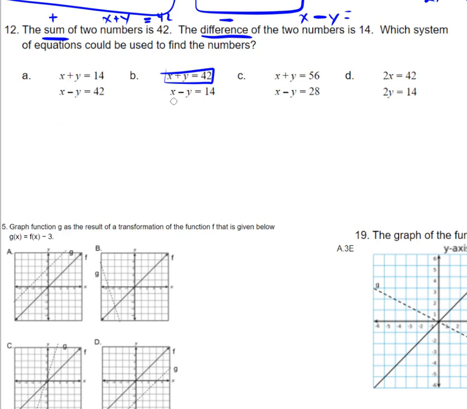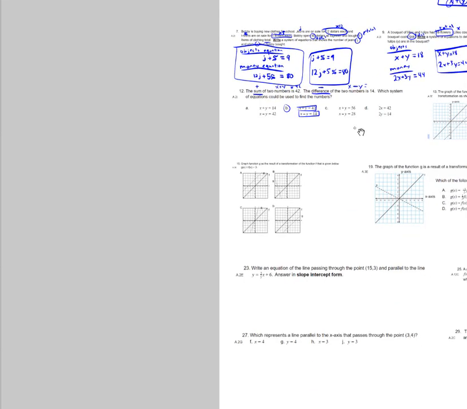So X minus Y equals 14. I see that once again here as well. So really, they were very nice to you on this question because the answer is only in one place. So you know that B is the answer. You feel very confident about that, right? So next problem. Woo!